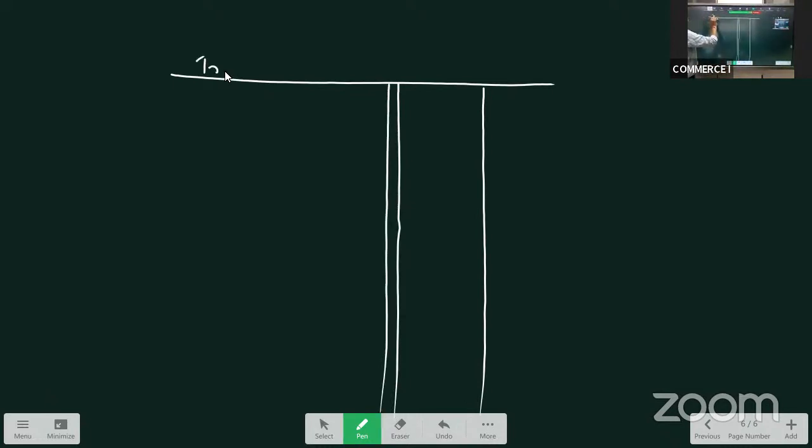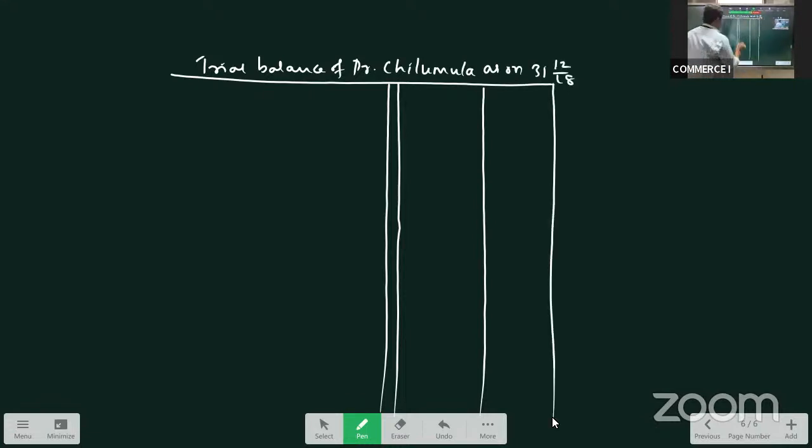So we are preparing trial balance of Dr. Chilumula as on 31st December 2018. What are the columns? Do we have date column?